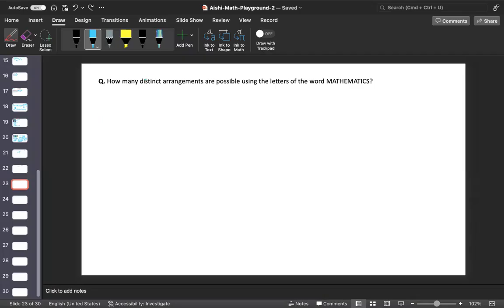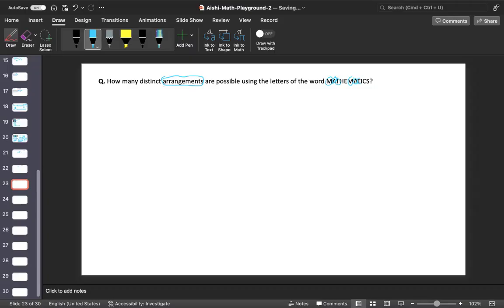Next question. How many distinct arrangements are possible using the letters of the word mathematics? Okay, so this is again permutations because we have arrangements. As you can see, we have 2 M's, 2 A's, and 2 T's.